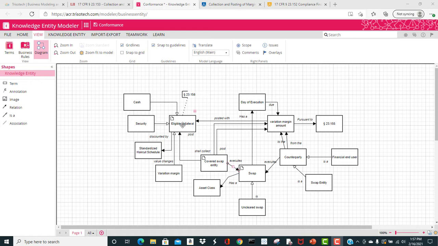An eligible collateral regulation can be cash security or a variation margin, and it's discounted by a standardized haircut schedule. Next, we want to break this concept model down into the business rules associated with the regulation. So let's go back to the regulations and look at the rules we need to develop to comply.